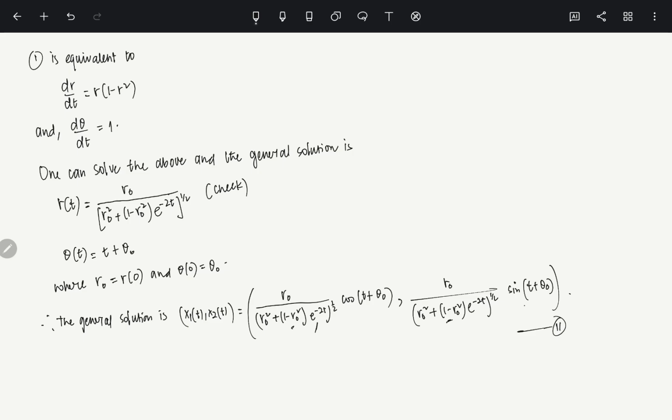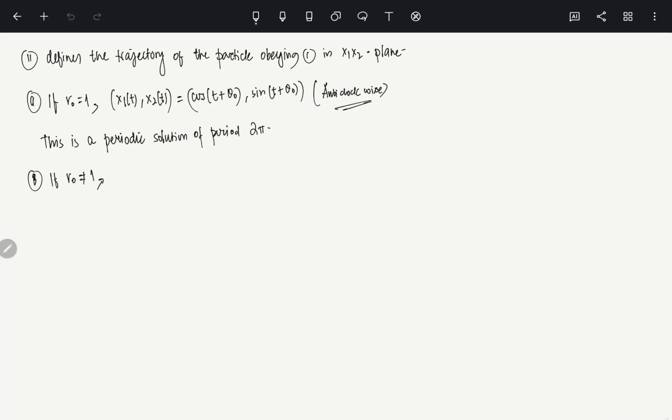So let's just see, the trajectories defined by 2 are not closed, right? And if they are not closed, of course they are not going to be a periodic solution. See, if it is not closed, it cannot come back to itself, so basically it cannot be a periodic solution.